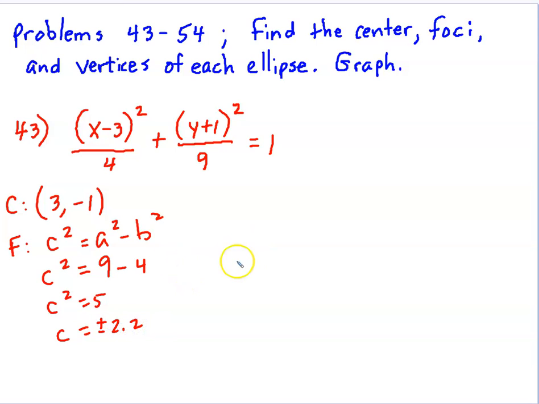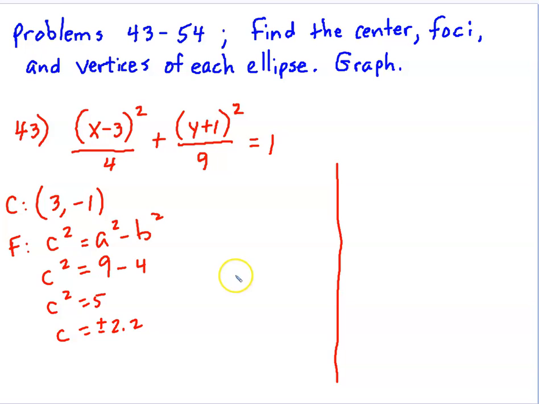So what that tells us is that from the center, we would go, because this ellipse is taller than it is wide, notice how a squared is underneath the y variable, so this is going to be the tall ellipse. As a matter of fact, I'll just do a little rough sketch here.